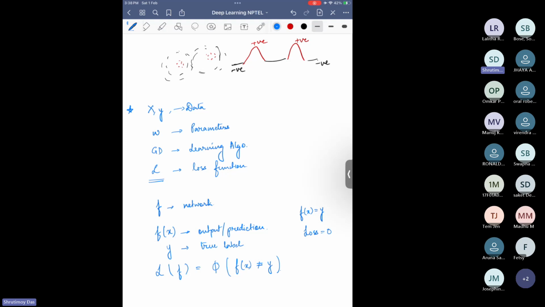But if f(x) is not equal to y, then there is a problem, so you are incurring loss. If everything is learned perfectly, your loss is 0. Otherwise, you have some non-negative loss. It does not make sense to have negative loss.